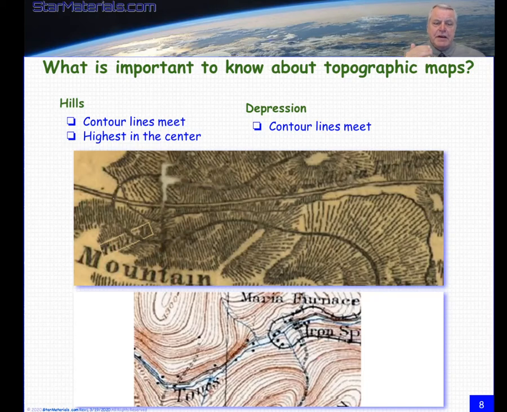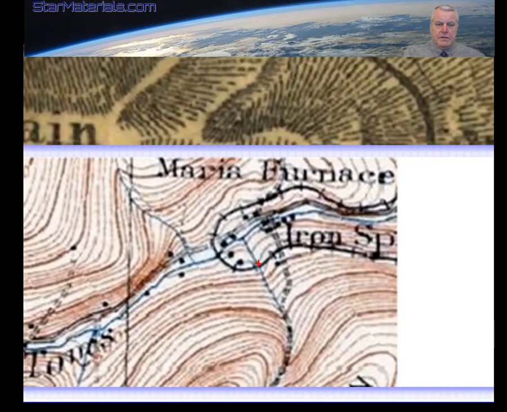Not so much a valley, but a depression where material is gone. They have something called hash marks to show direction. Here are the hash marks. And they go towards the center of the depression.